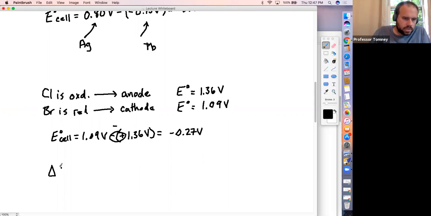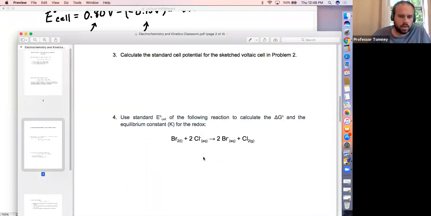So delta G standardized for this reaction is going to be equal to, now I need to know what small n is, meaning the moles of electrons transferred. If you come back and bring this reaction up, you can see the balanced reaction. You have 2 bromine as elemental bromine becoming 2 Br minus, and you have 2 Cl minus becoming a single Cl2.